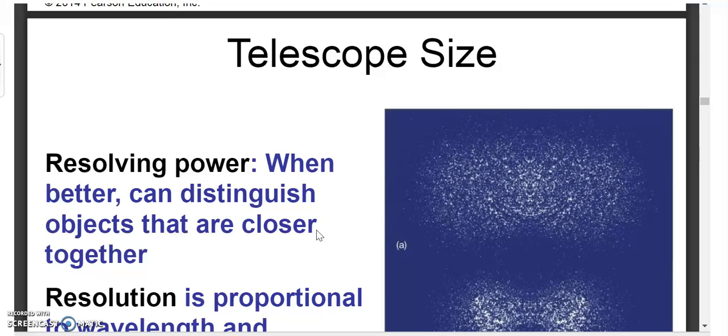Well, let's say they're moving at the same speed. Eventually, they come to a point where the human eye really can't distinguish whether it is a single object or really two separate cars. So the point where you can still see that they're two separate cars is the resolving power.